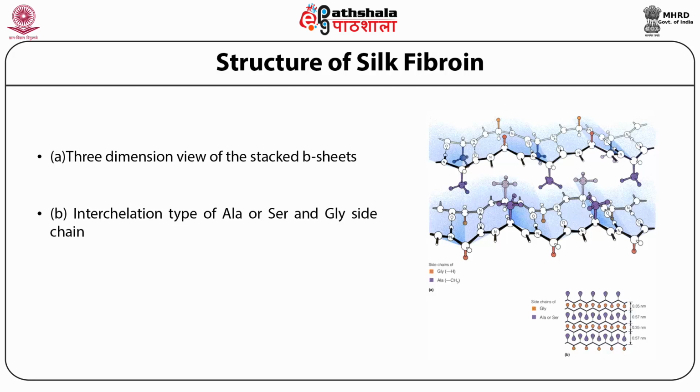One is the hydrogen bond between the two beta sheets. The side chains, which are perpendicular, are stacked with the other beta sheets. So this is a stacking of the beta sheets, both hydrogen bonds and intercalation of the side chains with the neighboring beta sheets. So it almost forms a three-dimensional structure of beta sheets.